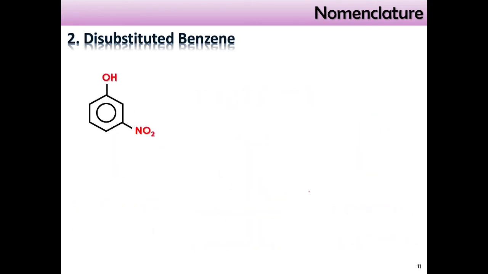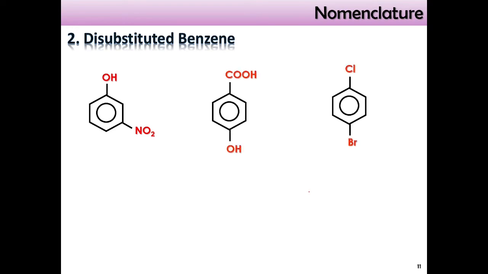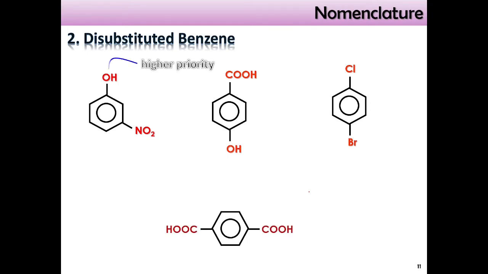Next, this one: which one is higher priority? You need to refer back to the list. COOH is always the highest, so that one is easy. Here the higher priority is OH, so it is named hydroxy, so it can be phenol.